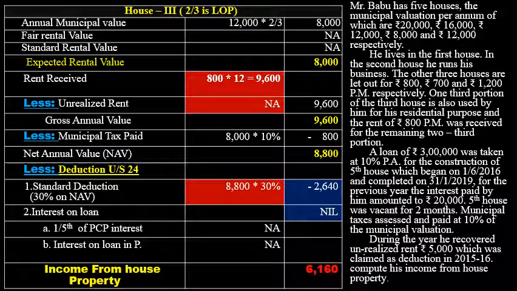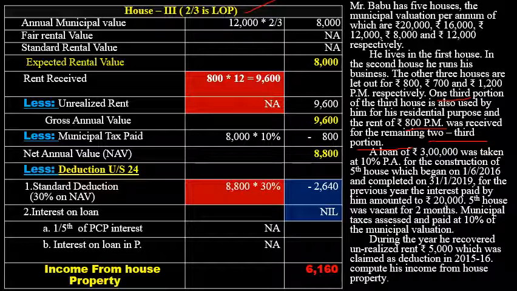Now I am going to assess the third house. In the third house, 2/3 part is let out and 1/3 part is self-occupied, so it is partially let out and partially self-occupied. First I will assess the 2/3 part, which is used as a let-out property, as per the provision of a let-out property.